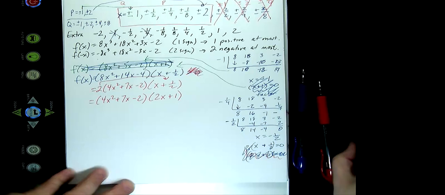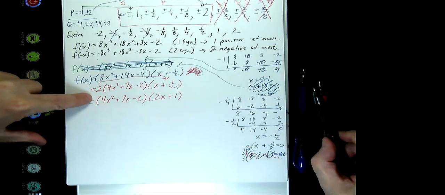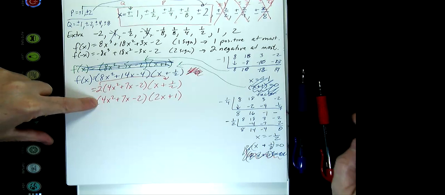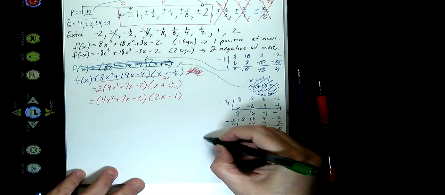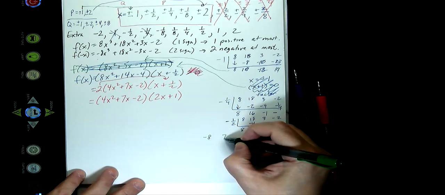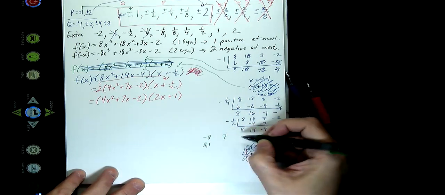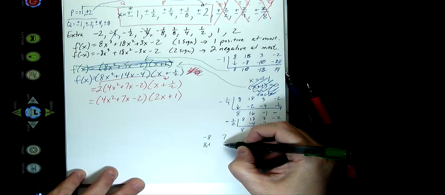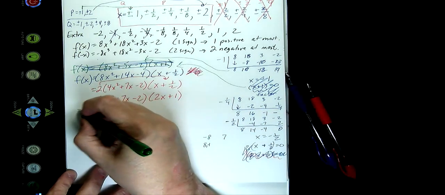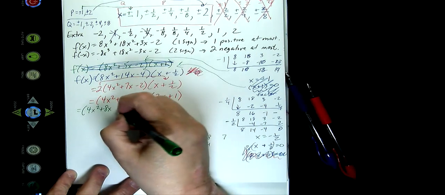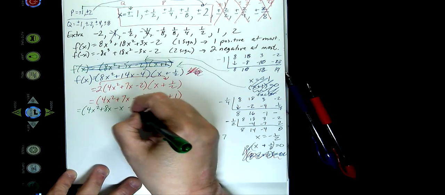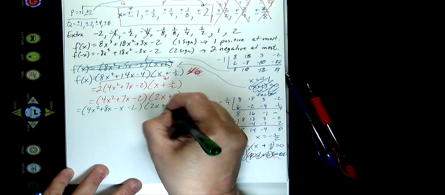Now I'm almost done. I don't need to do this synthetic division anymore because I've got a quadratic. I'll just do regular factoring. Things that multiply to -8 and add to 7 are 8 and -1. So 4x squared plus 8x minus x minus 2 times 2x plus 1.